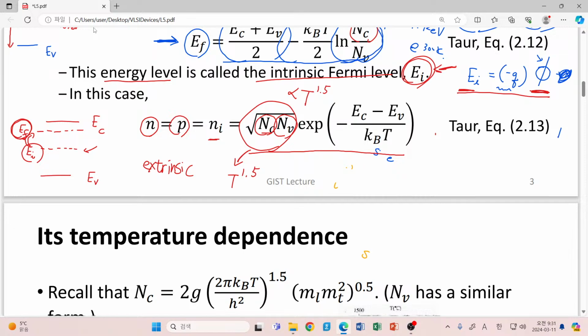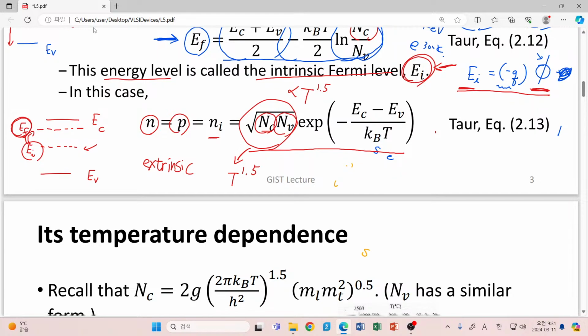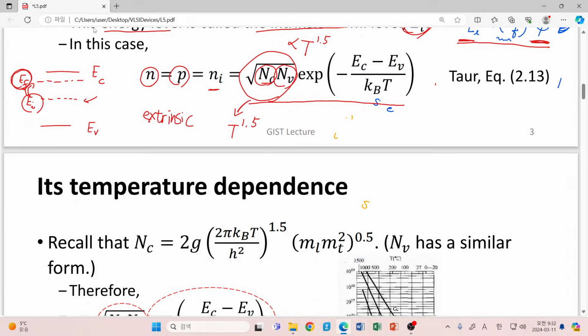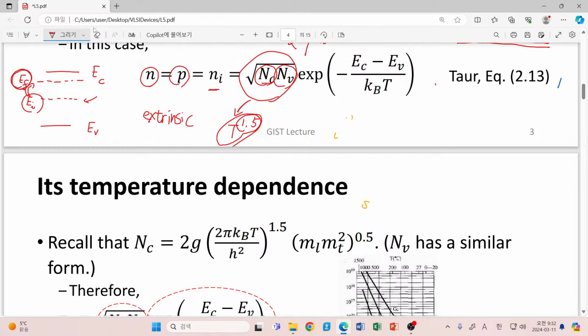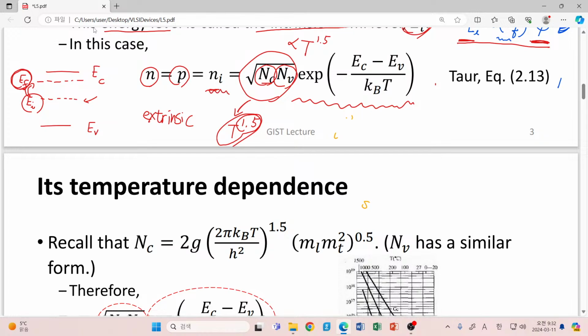So intrinsic carrier density really depends on temperature, but I'm just misleading you, because although we have T to the 1.5 here, this is not the dominant temperature dependence. Please note that there is an exponential dependence of our intrinsic carrier density. If we have a different temperature, it varies exponentially.